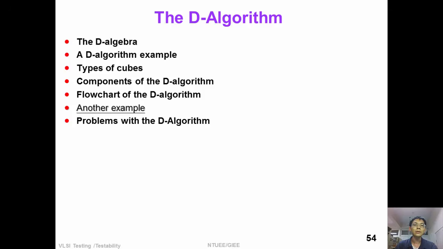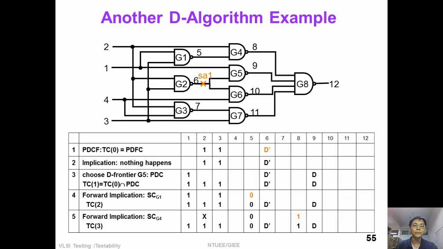Here is another more complicated example for the D-Algorithm. This is the same example where single path test pattern generation failed. First of all, we generate the first test cube TC0 using the primitive D-Cube, where line input 2 and 3 are assigned to 1.